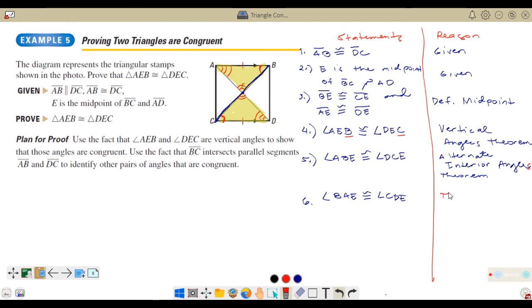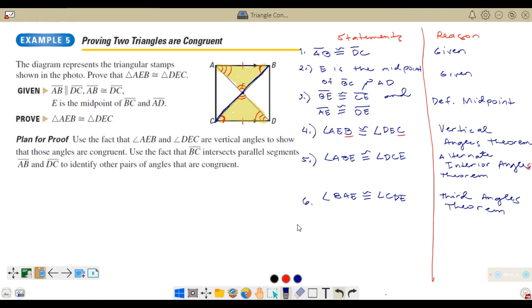So we have the third angles theorem, stating that if two angles of your triangle are congruent, then the third angles are congruent as well. So we have here the reason: it is because of the third angles theorem.